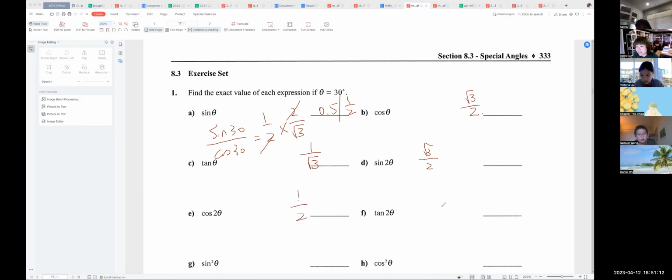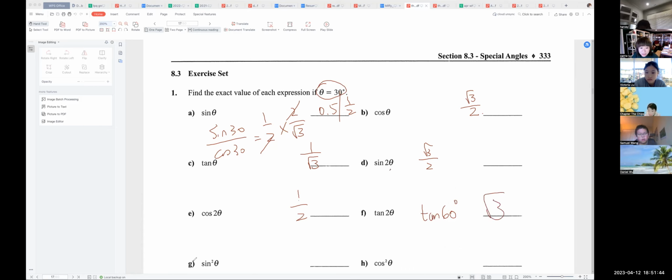Okay, last but not the least, tangent 2 theta. Harvey. No idea. Okay, Harvey, take a look at this one. We know theta equals 30, so 2 theta equals 60 degrees, and tangent 60 is square root 3. Very good.